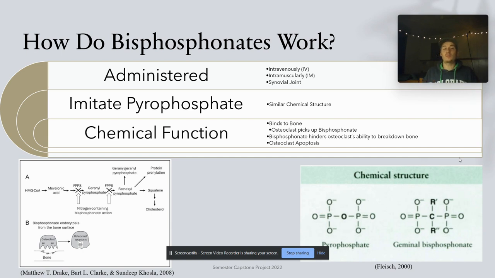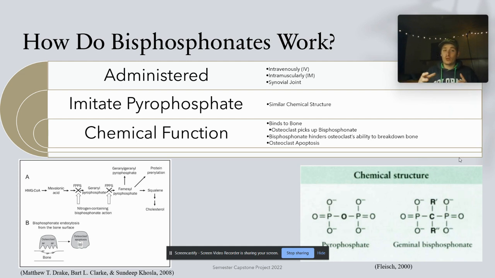So bisphosphonates ultimately work because they imitate a pyrophosphate. And the pyrophosphate is the naturally occurring molecule that is found in tagged diseased bone cells. And that is where osteoclasts will come and know where to pick up the diseased bone.